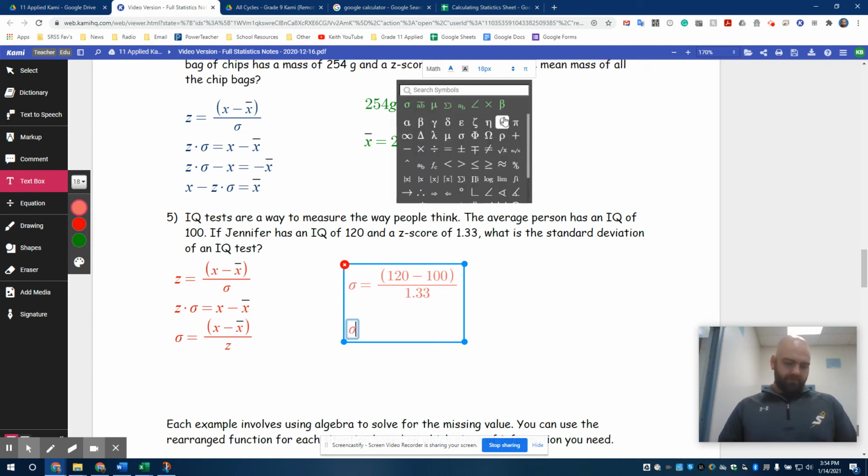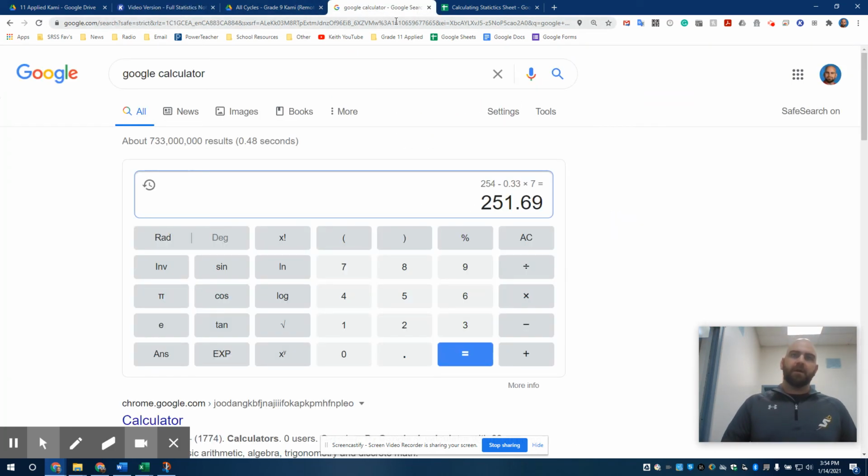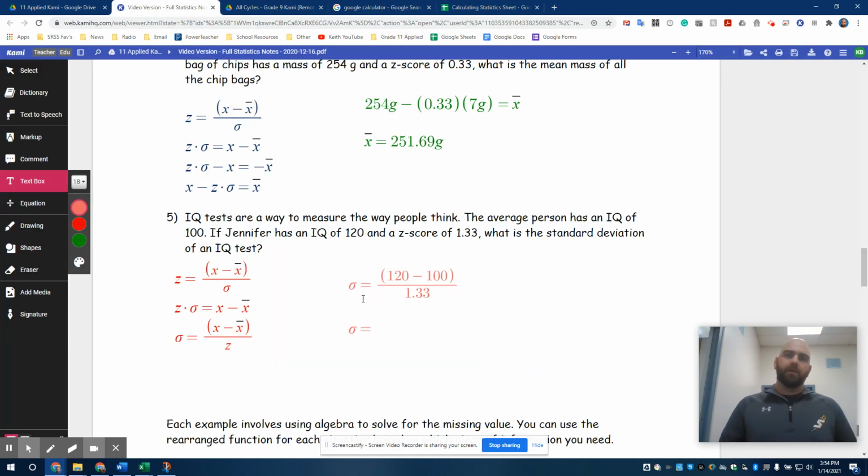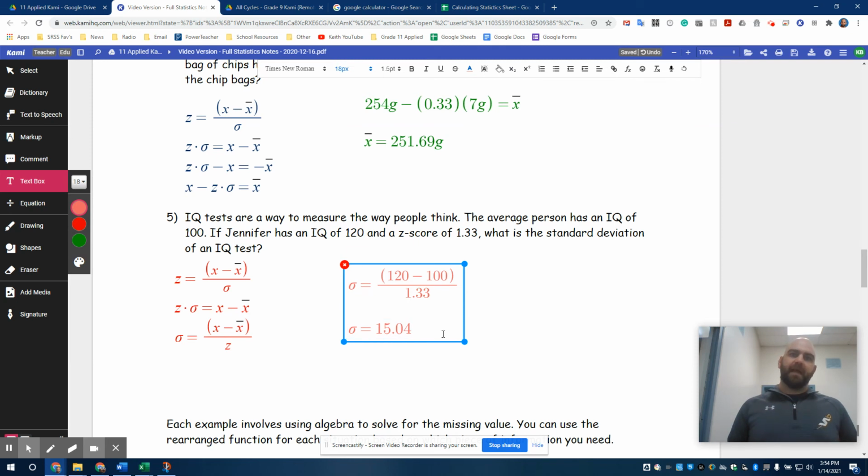Let's whip it up on the calculator: 120 minus 100 divided by 1.33. The standard deviation, sigma, is 15.04.